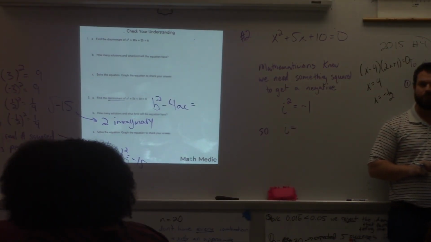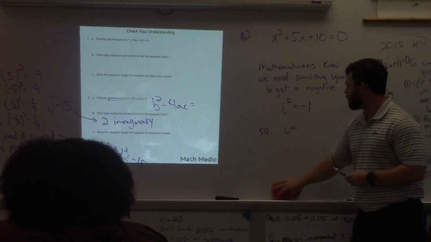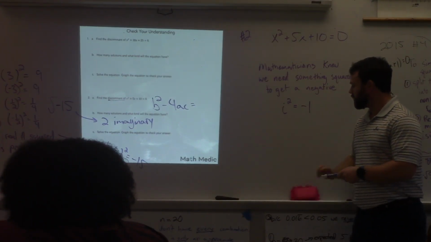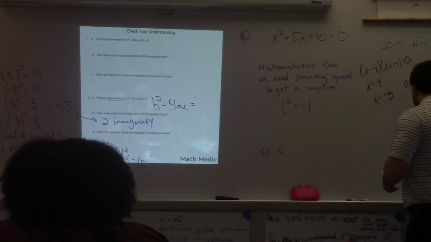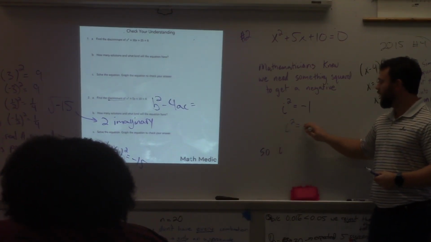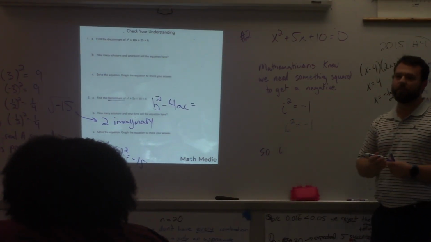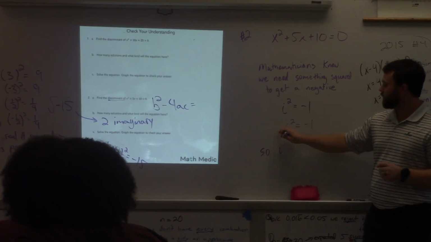If i squared is equal to -1, what does i equal? Not any negative number. Okay, let me grab a different marker. Really quickly, I want you to think about this. What could I do to this equation to figure out what i is? I can take a square root, right?